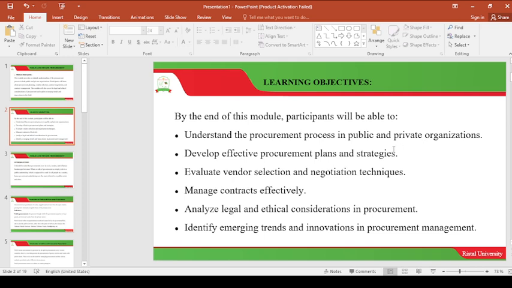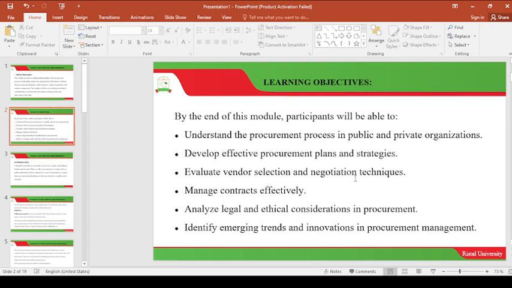Students will also be able to evaluate vendor selection and negotiation techniques when undertaking procurement in either the public sector or the private sector.